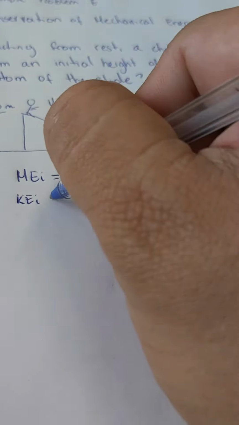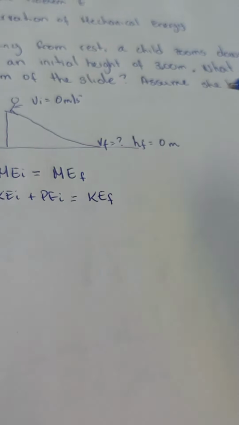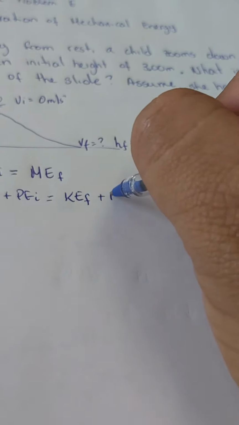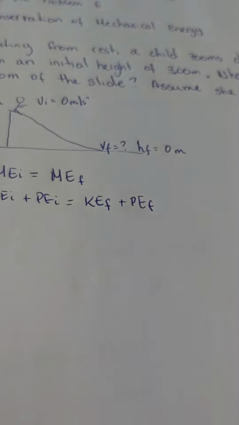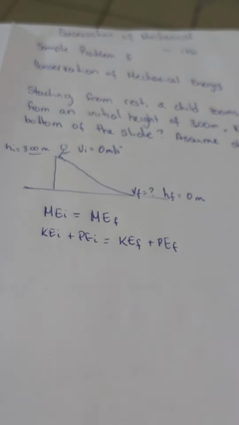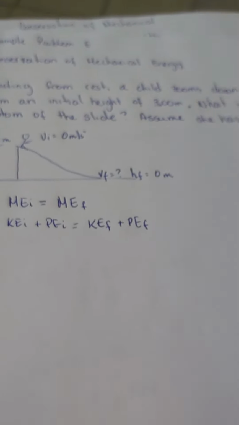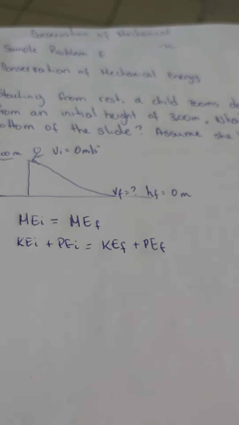Now, initial mechanical energy is initial kinetic energy plus initial potential energy, equals final kinetic energy plus final potential energy. Now, what information is given?